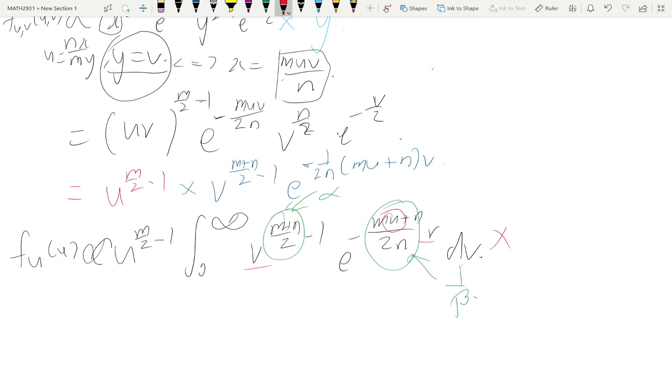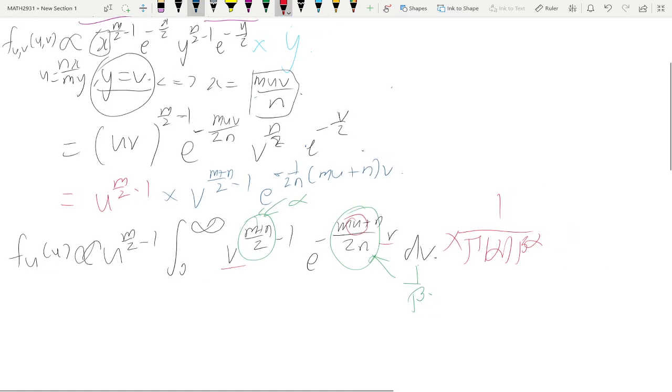If you recall the formula, it's gamma alpha with a beta alpha, right? This is the term that makes it integrate to 1, and obviously you need to balance it, so you just multiply by the other version, this thing.